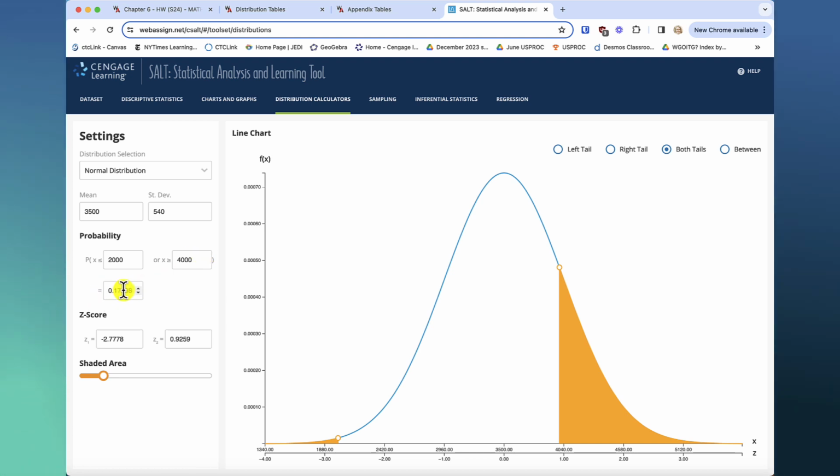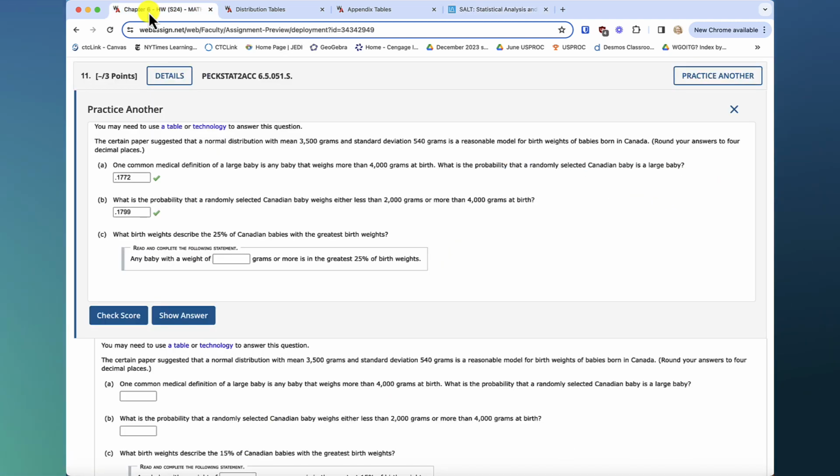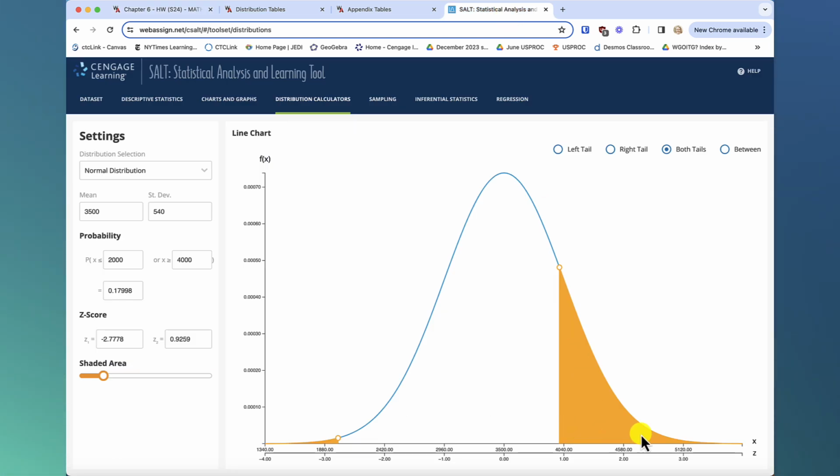Well, this time we're going to put in a probability, 25%, and then we're going to get out an X value or a weight. But we need to choose the right type of graph. We want 25% of Canadian babies with the greatest birth weights. So we have to be smart and realize that great weights are over here on the right side, so we need to pick our right tail.